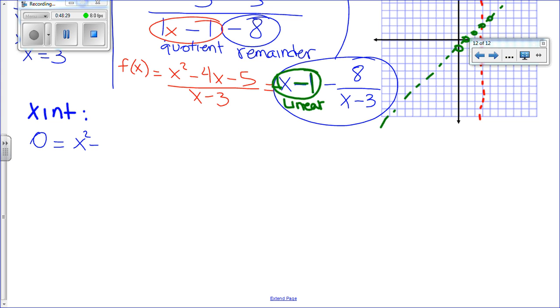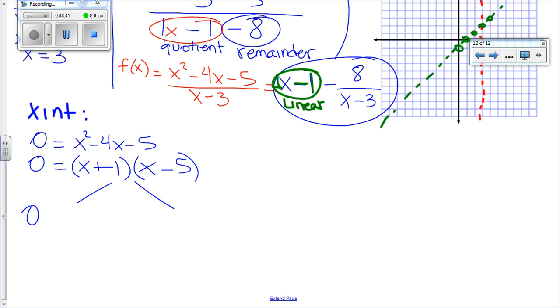So that will be x squared minus 4x minus 5. So we can factor that numerator. That would be x plus 1 and x minus 5. Then we take each factor and equal it to 0. So x is equal to -1. And x is equal to 5. And that's what I was saying, that they're kind of easy to find.